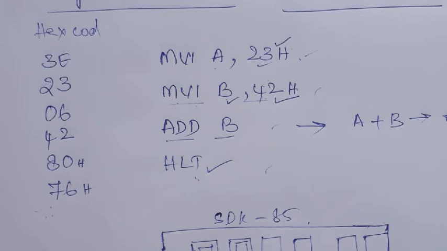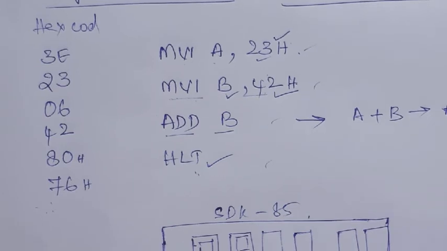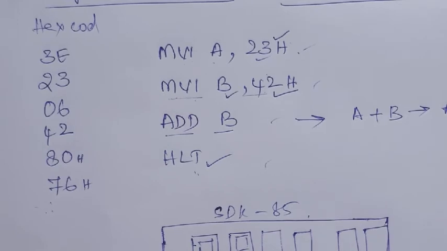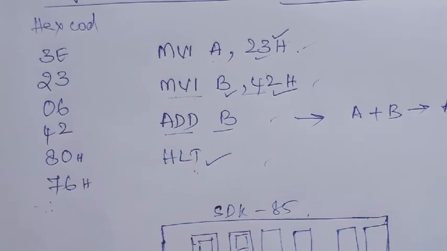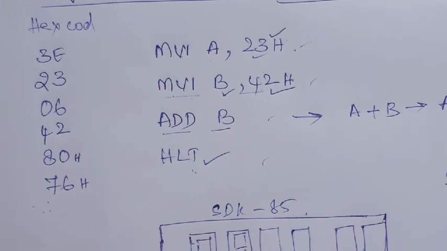Let us suppose from the manual of the kit, you can know which memory addresses you can use to execute the program. Let us suppose 2000H is the address which is available, any 16-bit address available for execution. So let us suppose we take 2000H.